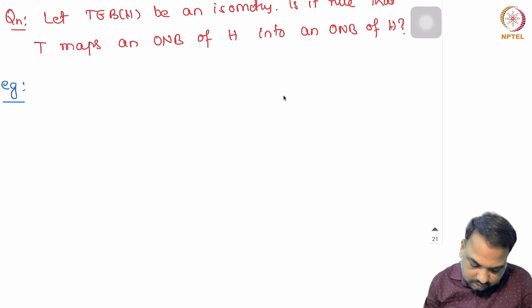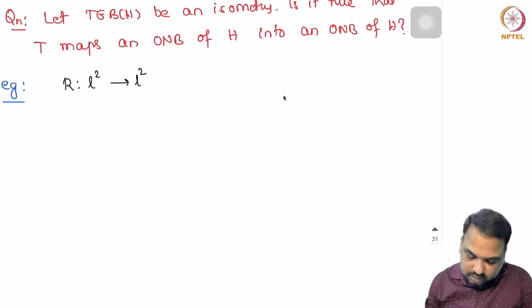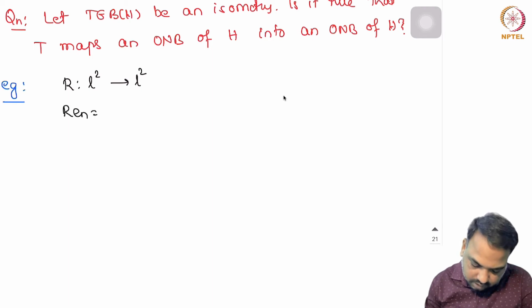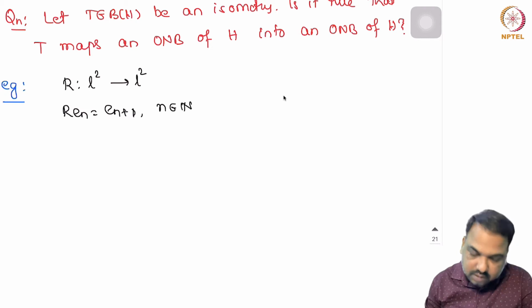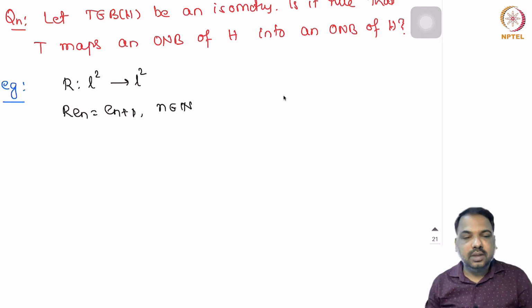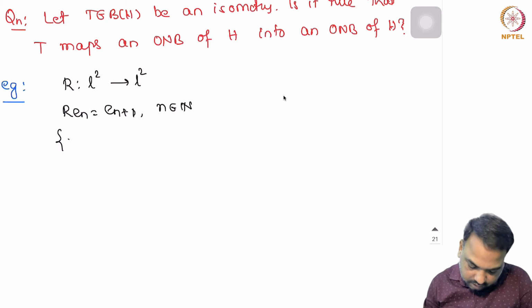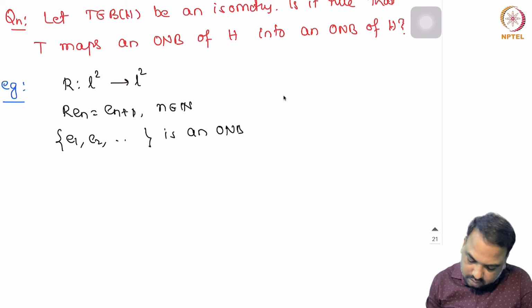So consider the right shift operator R on l2. Here e_n is the standard orthonormal basis. We know that e1, e2, and so on is an orthonormal basis for l2.